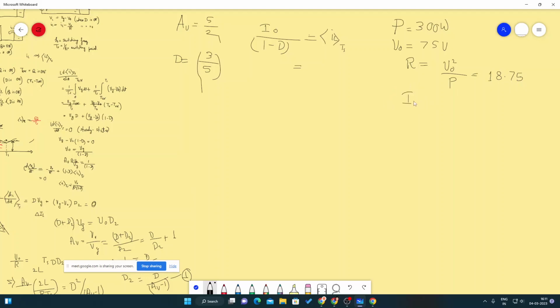I naught could also have been found as 300 by 75, 4 ampere. So the average inductor current will be 4 by 1 minus D, that is 1 minus 3 by 5. Yeah, 10 ampere. Inductor current is 10 ampere.